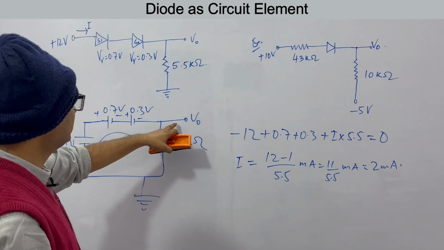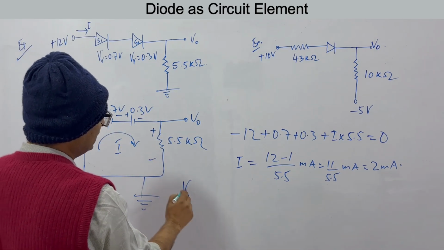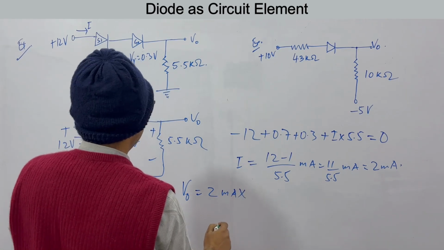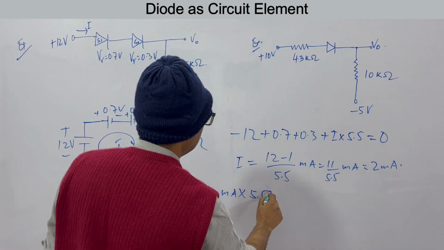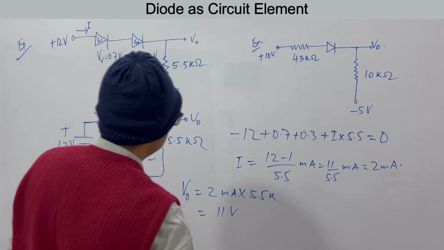Now if you want to see what V output is, V output will be the voltage across this. So this is 2 milliamperes into 5.5 kilo ohms, so this will be 11 volts.